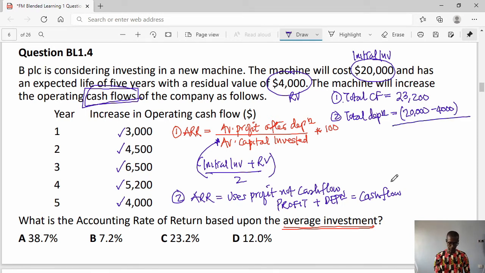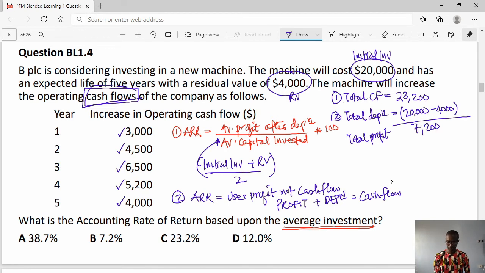So the total cash flow of 23,200 minus total depreciation of 16,000 will give you the total profit after depreciation. And this gives you 7,200.